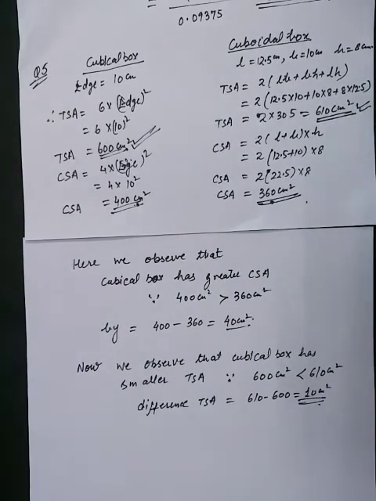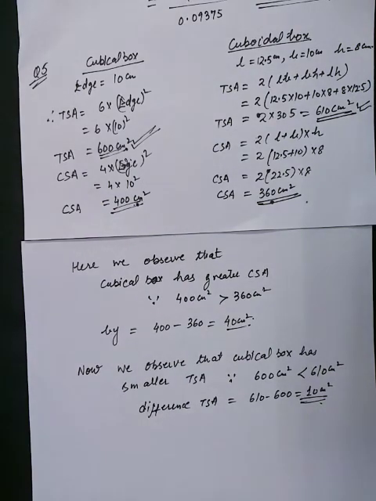So it has smaller TSA by 10 centimeter square, and cubical box has greater CSA by 40 centimeter square.